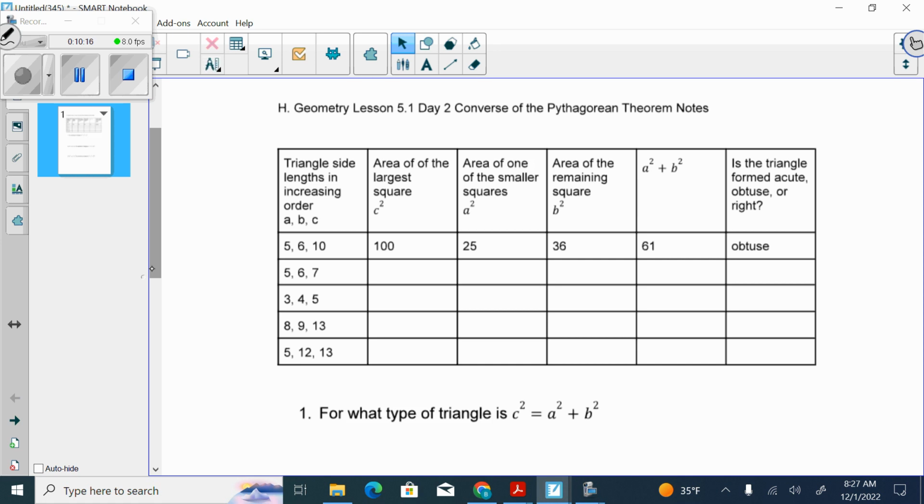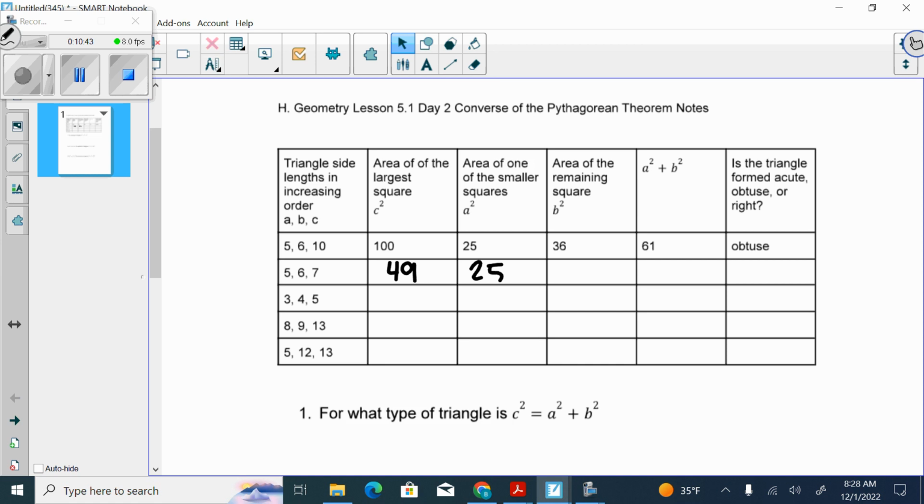So they tell us what the lengths are here. Let's fill in the first 4 blanks in each row. So we've got our 5, 6, and 7. Out of those 3 numbers, which one is C? The 7. And what's 7 squared? Good. Which one of those numbers would be my A? 5, which when we square it would be 25.